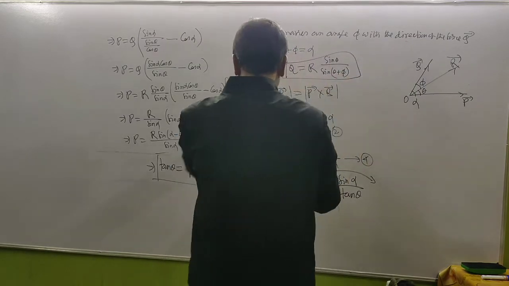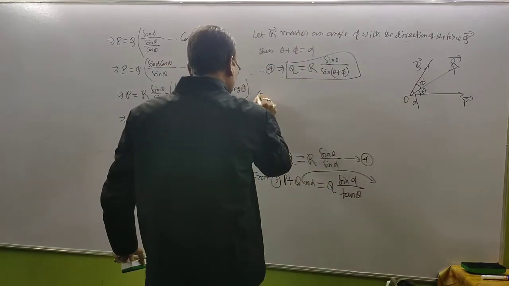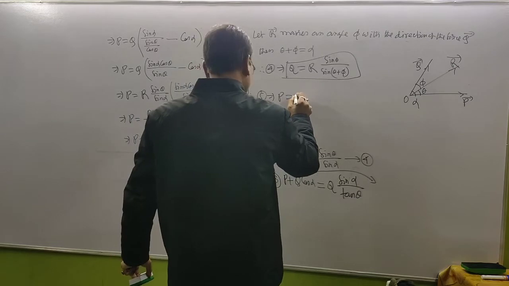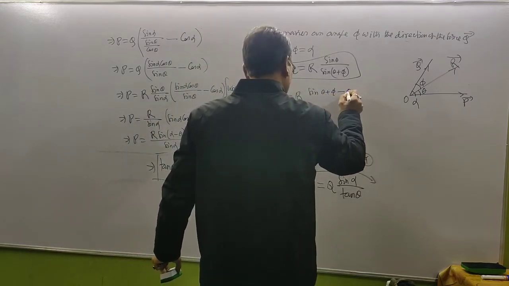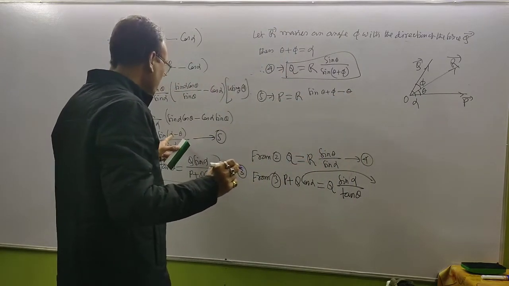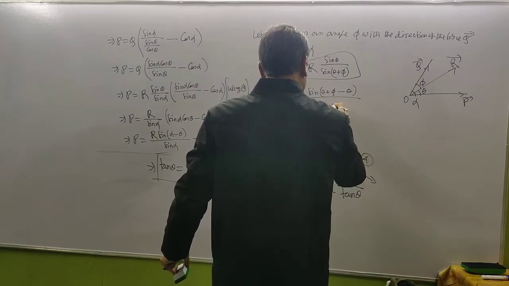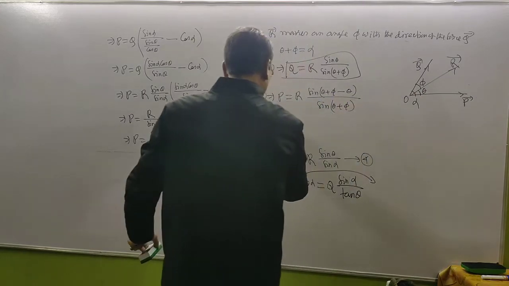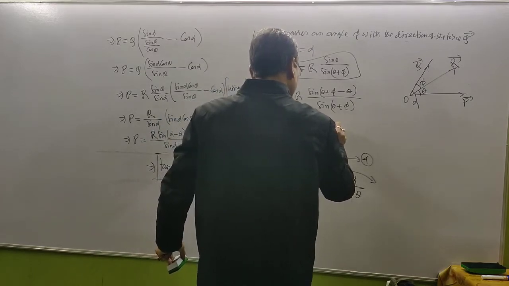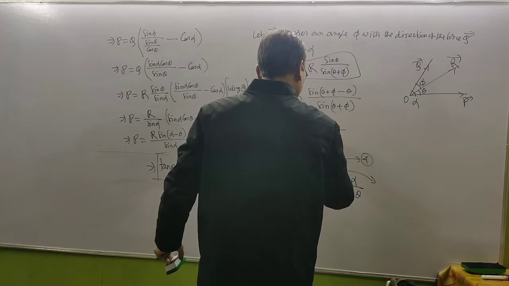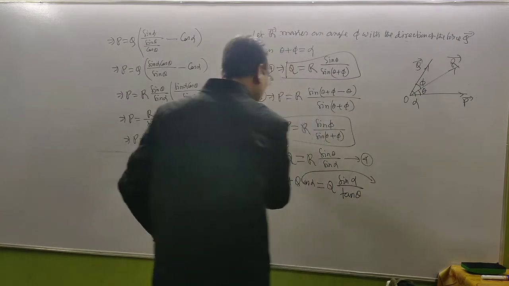From 5, P equal to R sin theta plus phi minus theta, that is alpha minus theta, divided by sin alpha. Alpha means theta plus phi. Or you can write P equal to R sin phi divided by sin theta plus phi. You may write in this way.